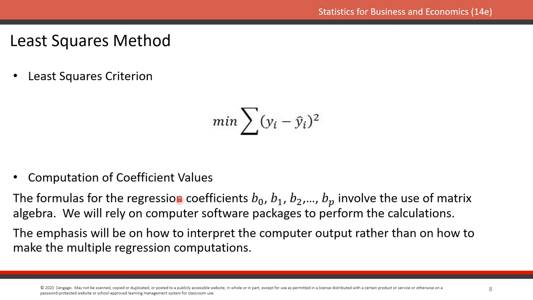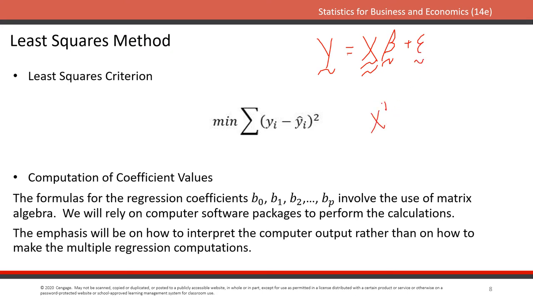Now, I think it mentions here, we're not really going to talk about how to do the calculation. It's not that it's too bad. Actually, I can write out the equation for you. Well, I'll write out the full model. Y equals X beta plus epsilon.